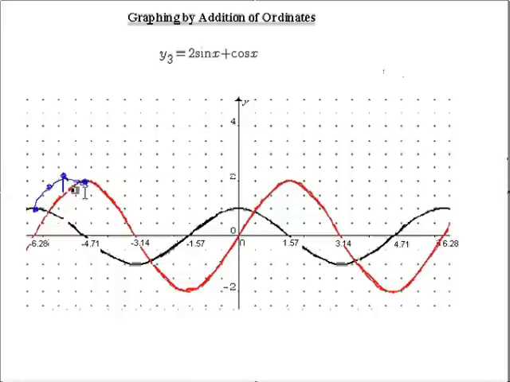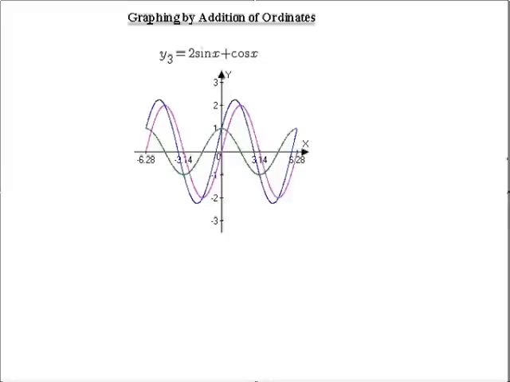But most of the time when we're graphing by ordinates, we're just looking for a sketch, and accuracy isn't quite as important in a sketch. I mean detailed accuracy. So again, by doing this process, we end up with our final curve. And here again you see the completed product of adding our ordinates.